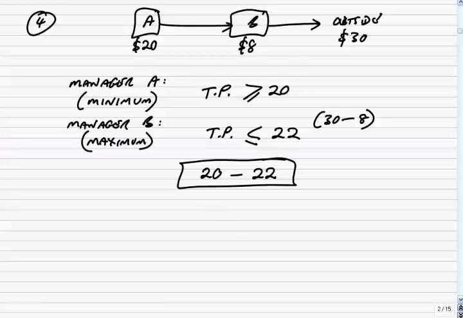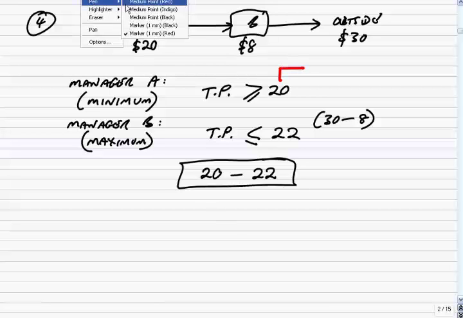Now, before we carry on and say a little more, two things. First of all, the reason the transfer price had to be at least 20, it was to cover the costs. We have to sell it for more than cost, I think clearly. However, we always assume that A already has other products and is happily making a profit. And therefore, all we're concerned about for this product is that we cover any extra costs.